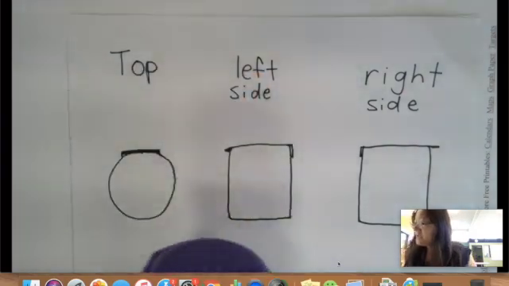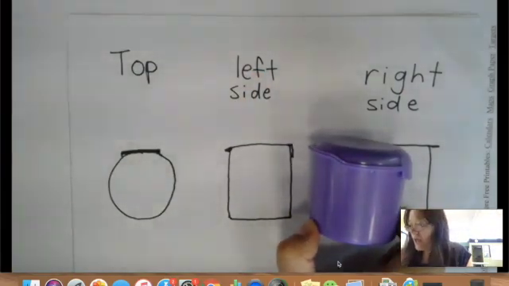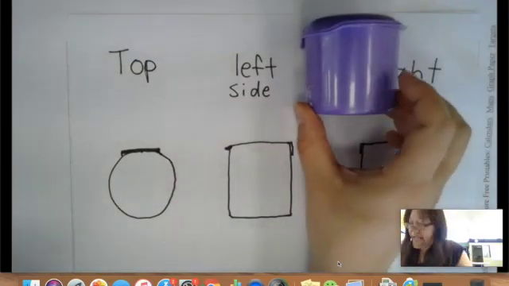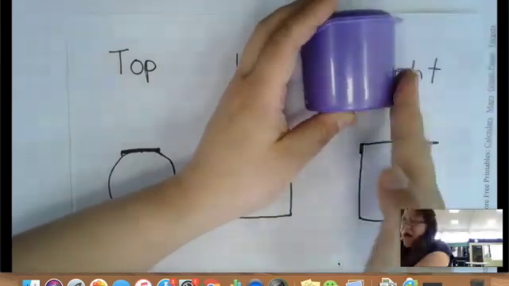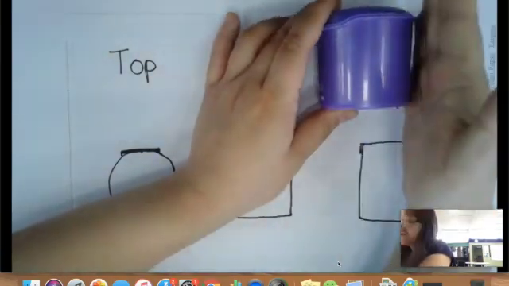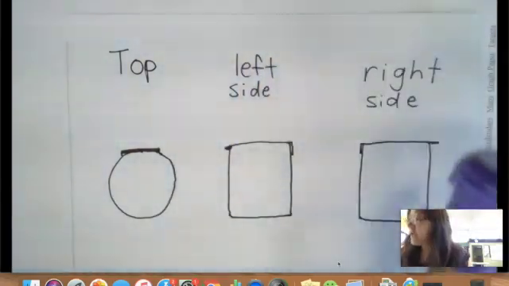And then if I'm doing the left side of it, you can see it's just a rectangle. And then the right side of it, again, is just a rectangle. Because the sides are straight here, you're not doing anything to represent the fact that this part is curved. You're just looking at it straight on, and from straight on, these look like straight lines.